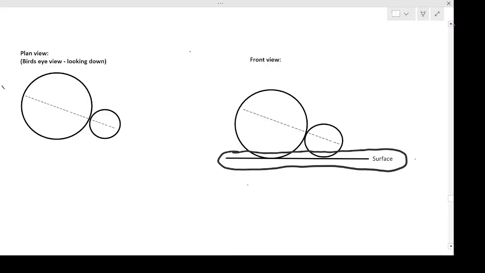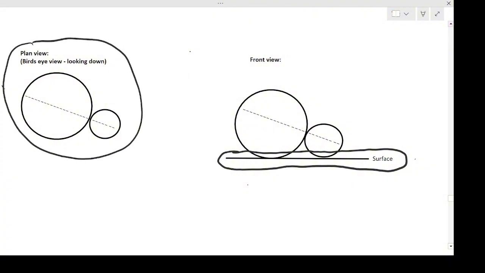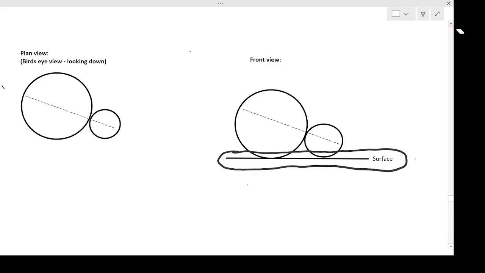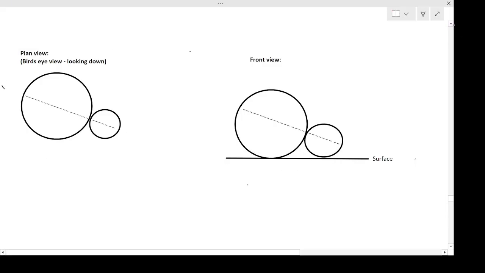It's just that when we look at it through a bird's eye view, we don't see the surface because it's completely flat, so we ignore that. But they're technically on a surface. So you can see when we change the viewpoint, we get a different picture of the same situation. Now, what that means is, as you can see here, the line of centres is sloped, but the surface isn't.